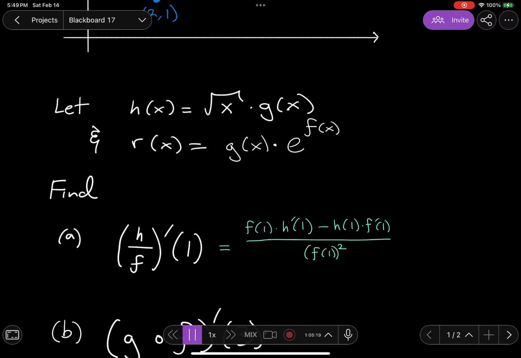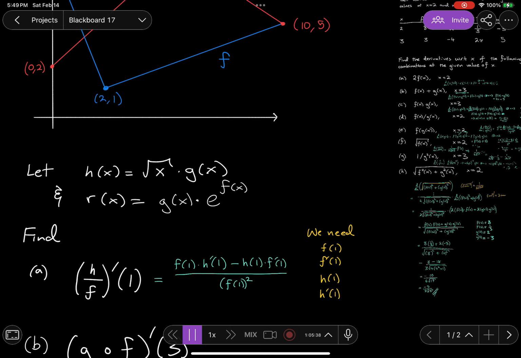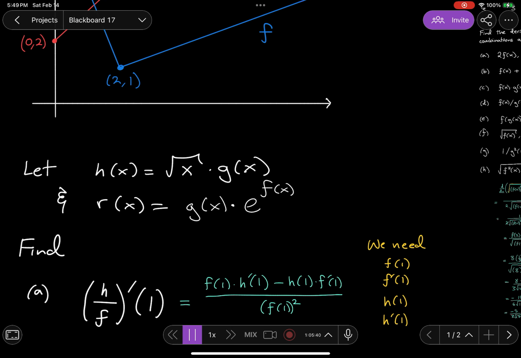Then what I'm going to ask myself to solve this is, we need 4 objects. We need f of 1, f prime of 1, h of 1, and h prime of 1. So f of 1 and f prime of 1 are going to come from the graph.